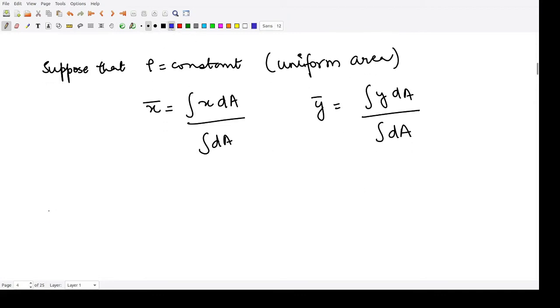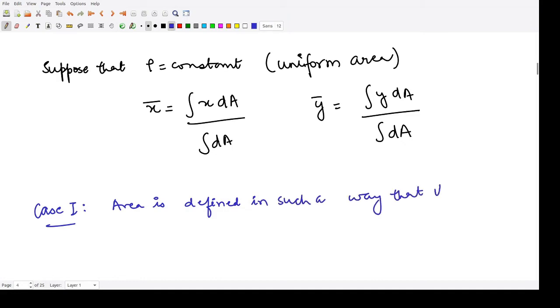Now let us see the next case. So case number 1. Now suppose the area is defined in such a way that it is bounded by y is equal to f(x), the x-axis, and the coordinates x is equal to a and x is equal to b, right?